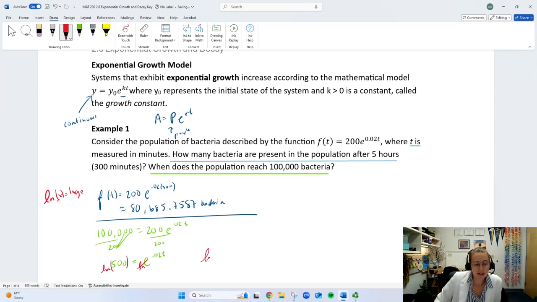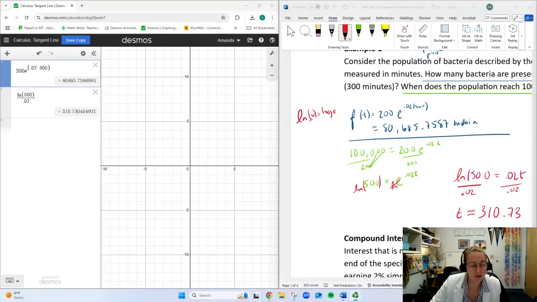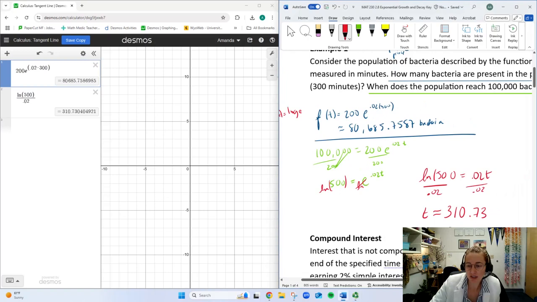So I will have ln of 500 is equal to 0.02t, and all I need to do now is divide by 0.02. So just plugging that into Desmos, we can actually see that our t value, or how many minutes we're going to be waiting for the bacteria to reach that amount, is going to be just over 310 minutes.